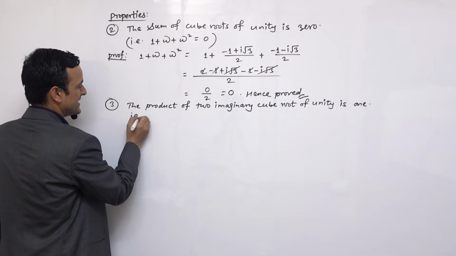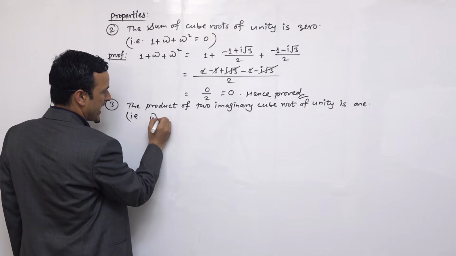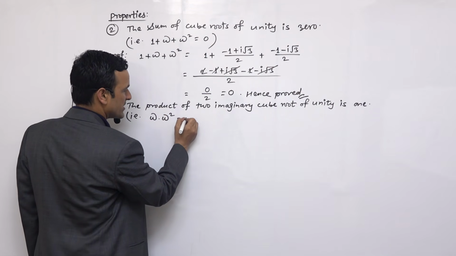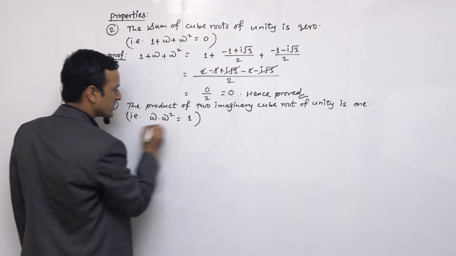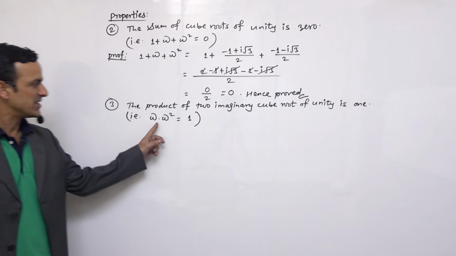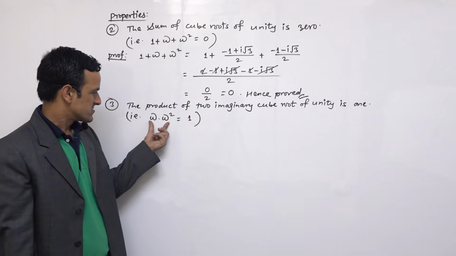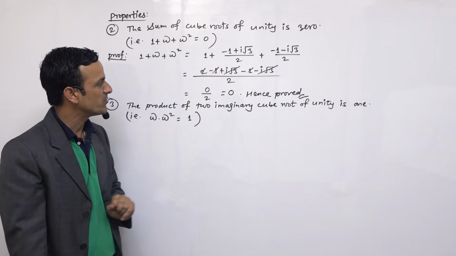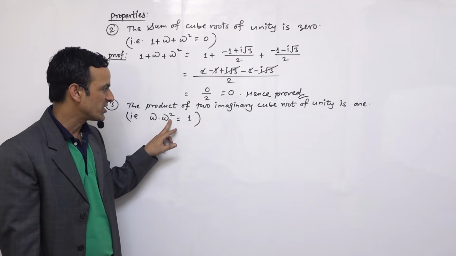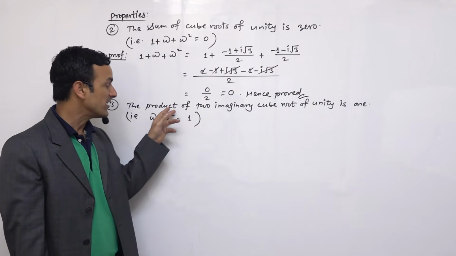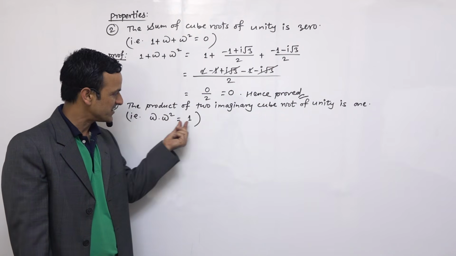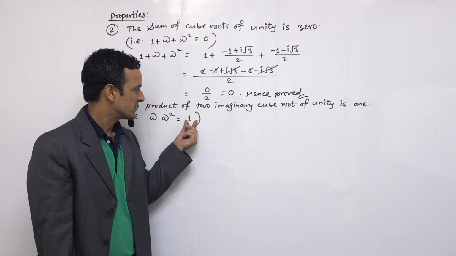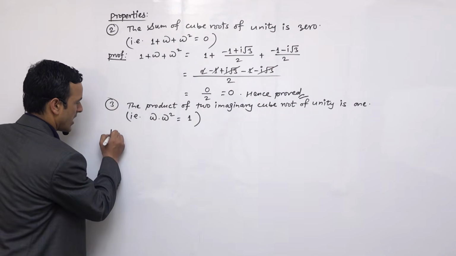So omega into omega square is always 1. It is the property, and mathematically we can write it like this. Omega means one of the imaginary cube roots of unity, and the other imaginary cube root of unity is omega square. When we multiply them together it becomes 1. Now how to prove it?